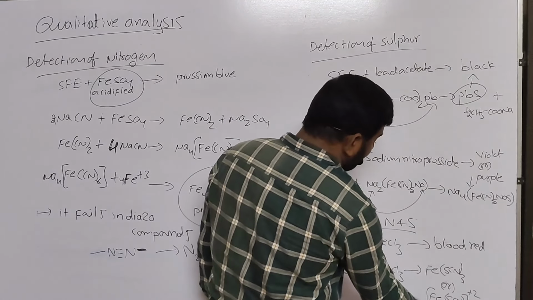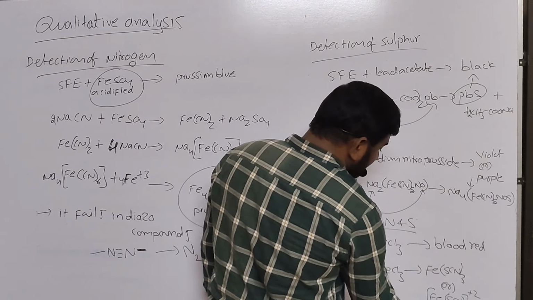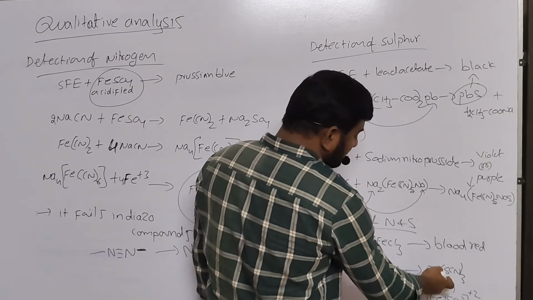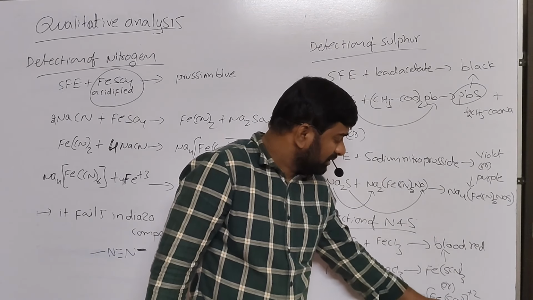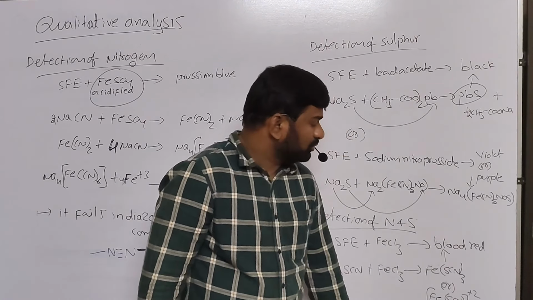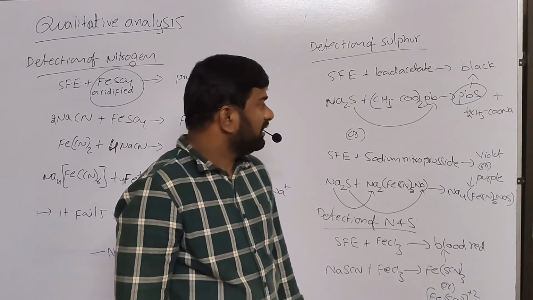If it forms a complex, it can be written like this, or else this one. Which color is this compound? Blood red. For the composition of blood red color, they can give [Fe(SCN)]2+ or [Fe(SCN)]Cl2. In this way we can detect nitrogen and sulfur in the given organic compound.